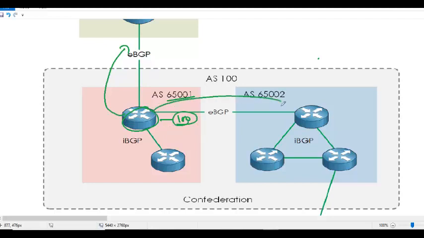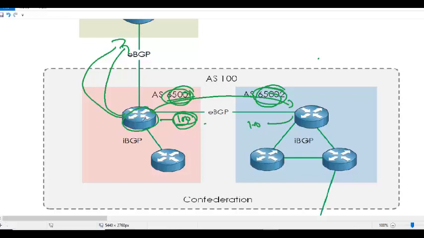You got it? Wherever you have the same confederation ID, with them they will share this ID. But for this, it will just advertise this ID as 100. I am 100 speaking.